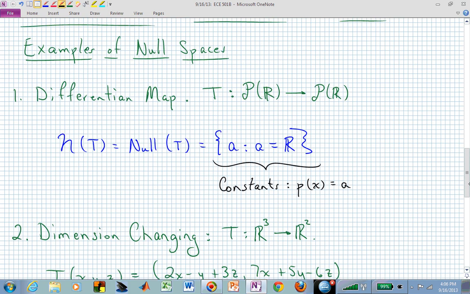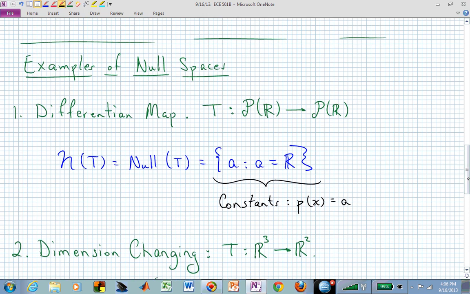So here are some examples, and I think we talked about this first one last time, so I'm just going to quickly scroll through it. The differentiation map is a linear map that maps the set of polynomials into the set of polynomials. The null space of such a map really only consists of the polynomials that are constant.